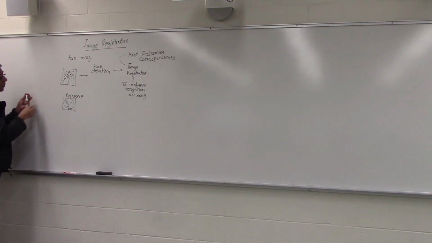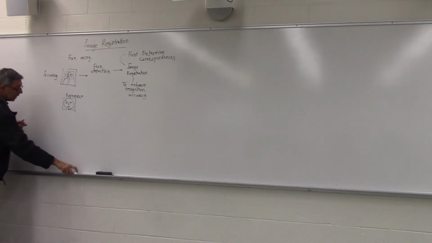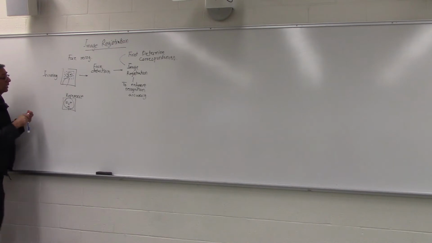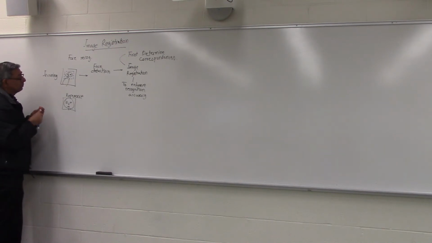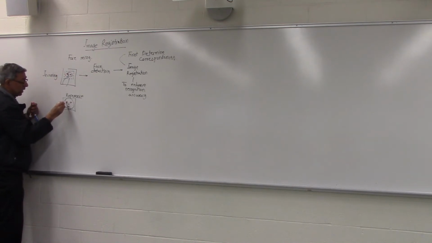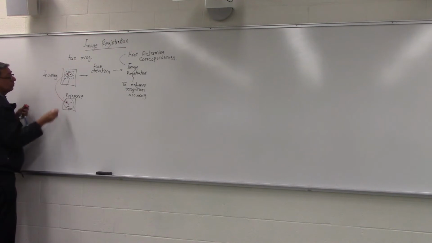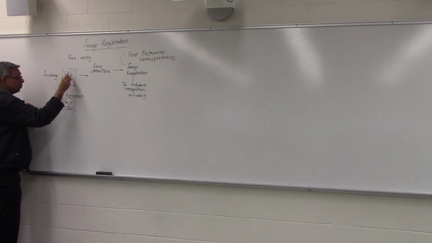So if this is our incoming image, we need to know where the eye is. That could be one correspondence point, another correspondence point. So this point corresponds to this one. If we can figure out this point corresponds to this point.